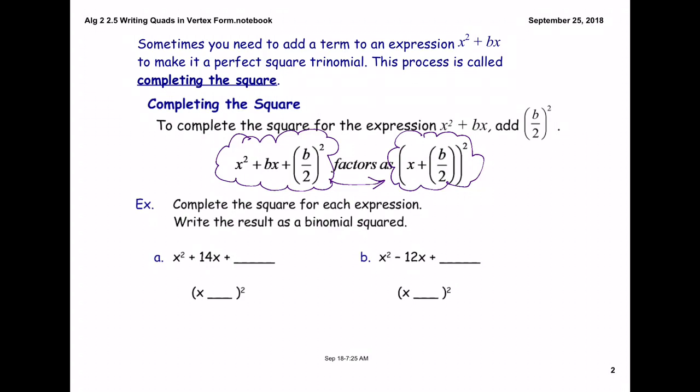So when we complete the square for each of the expressions, we would like to write the results as a binomial squared. So if we were using tiles and we were trying to complete the square, we had x squared as this large red tile in the corner, and we put 7 x tiles, these green ones are x tiles, and we have 7 on this side.